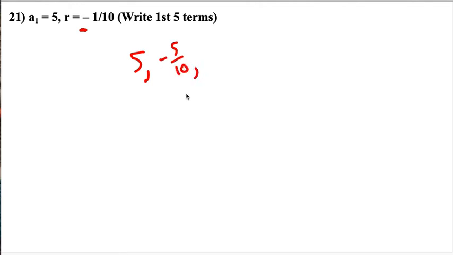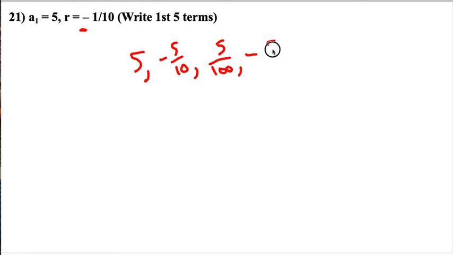Ooh, tough. Now if we multiply by negative again, it's going to become positive. We multiply by 1/10, it's going to divide by 5, 1/100ths. Comma. And what's going to happen, because we have a negative value for R, is this thing's going to oscillate, like I said. So it's going to change from positive to negative and so on.